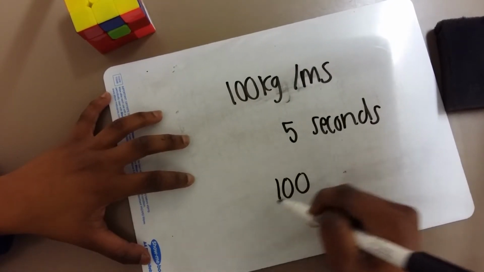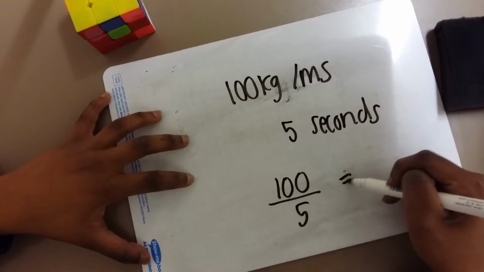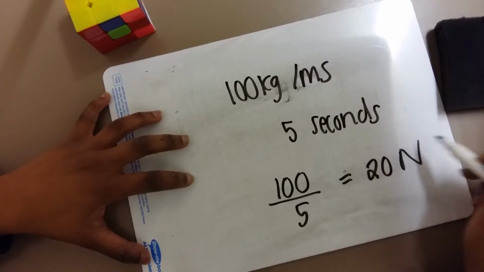It would be 100 divided by 5, which gives us 20 newtons.